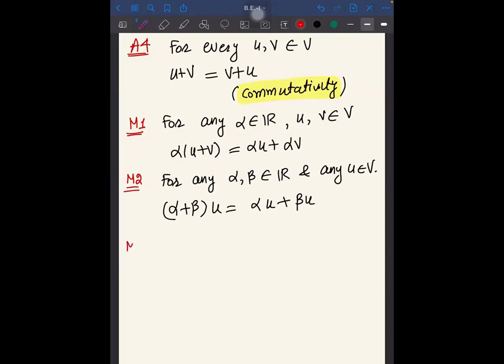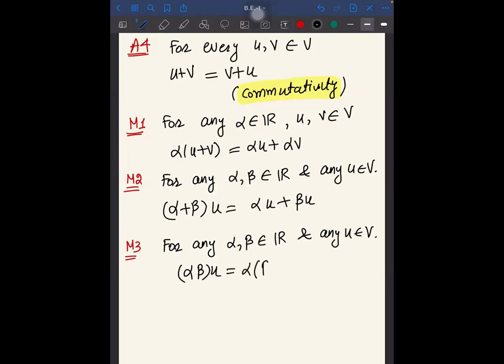And similarly, there is a third property based on the scalar multiplication. That is, for any alpha, beta belonging to R and any u belonging to V, then (alpha beta) times u should be equal to alpha times (beta u).